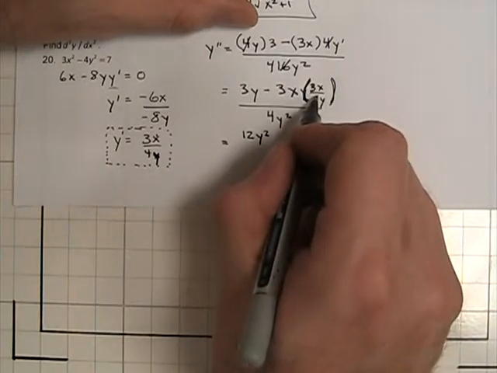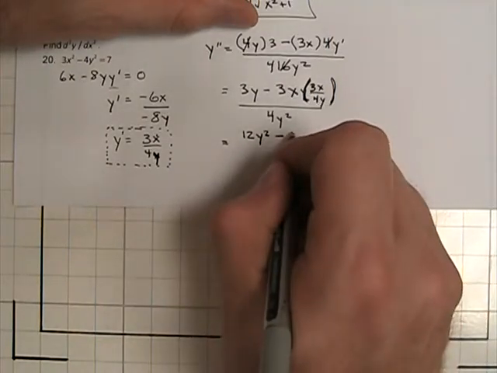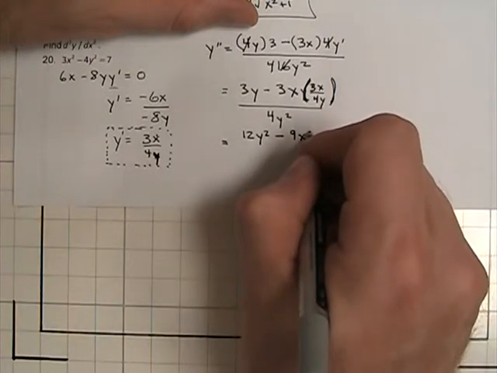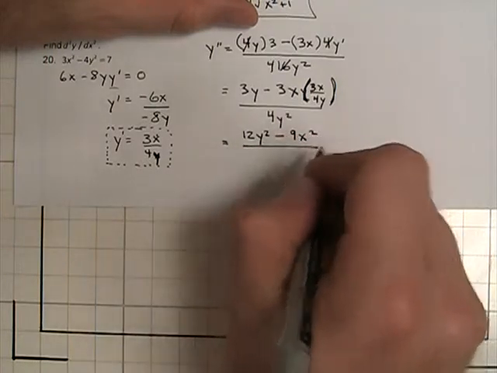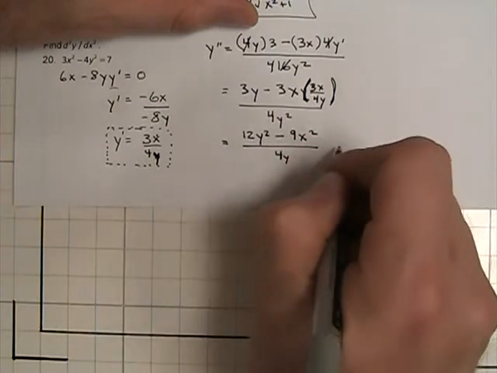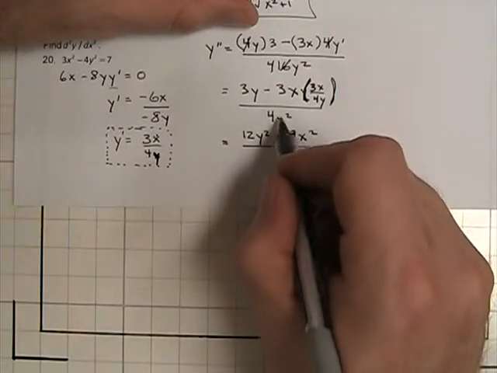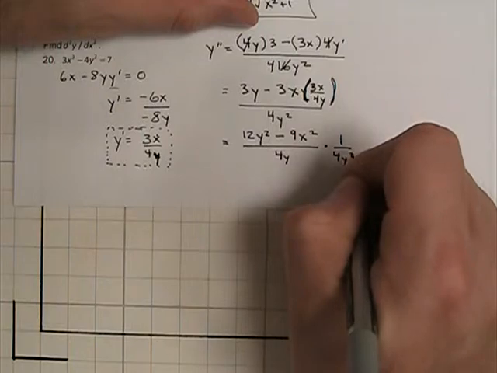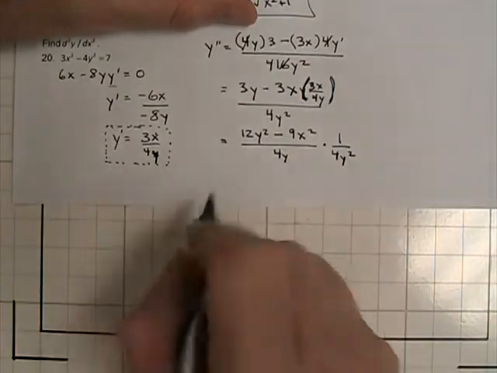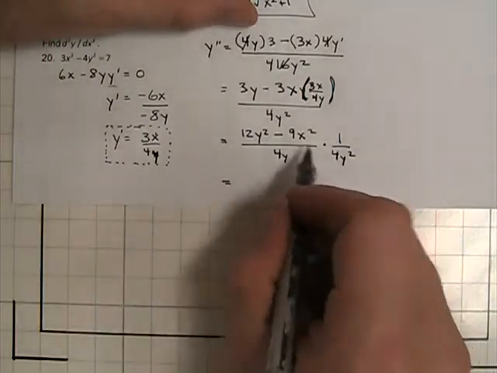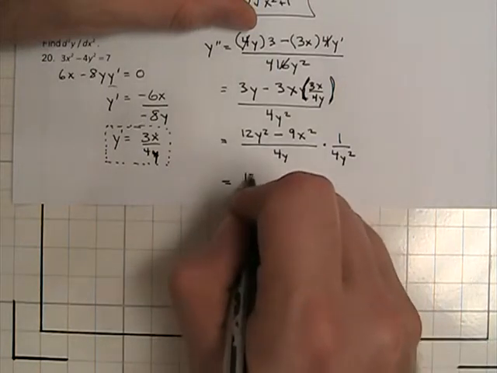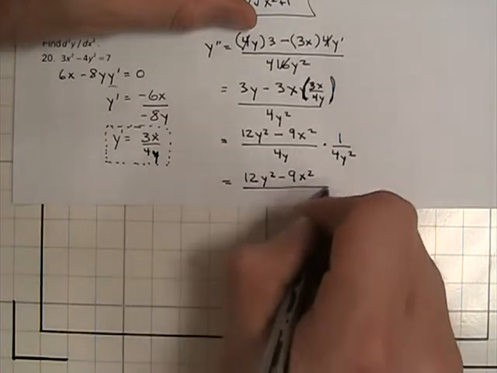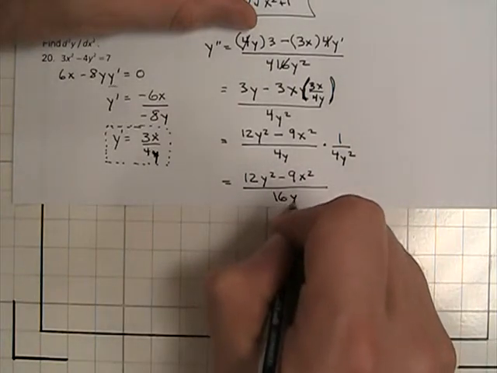And this fraction's already good, so minus 9x squared all over 4y, and dividing by that's the same as multiplying by the reciprocal. Final answer, nothing I can cancel out. 12y squared minus 9x squared over 16y cubed.